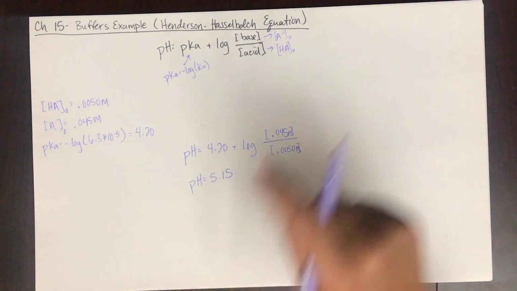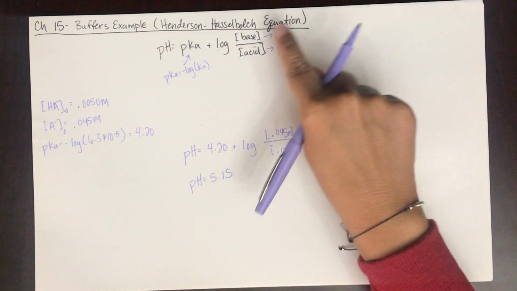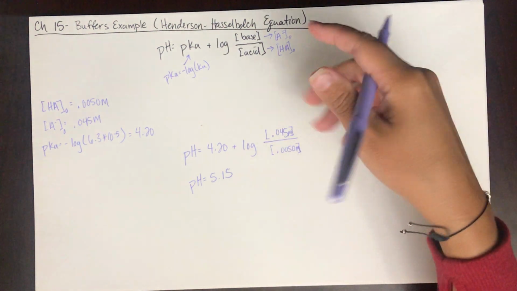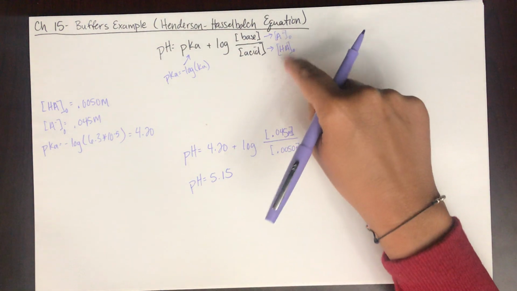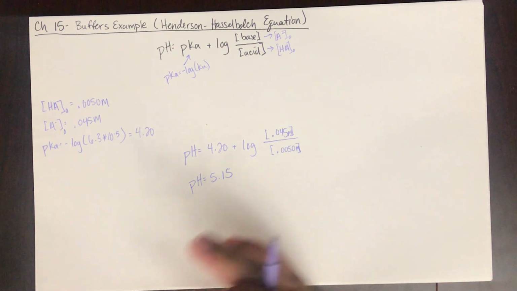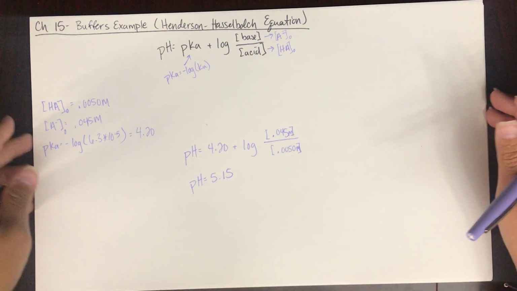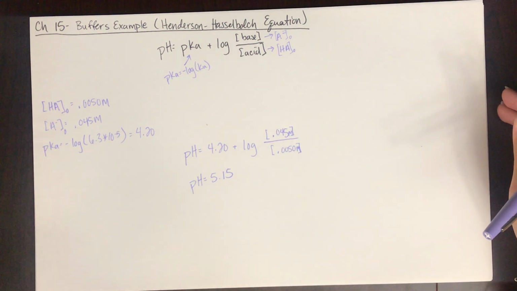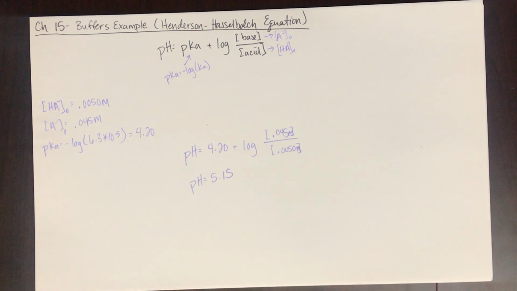Remember, buffers have a weak acid and its conjugate base. You would still need to do the dilution calculation that we did in the previous example, but once you know the concentrations and you've solved for the pKa, it's just a much less complicated way of solving the same problem. So here is the same buffer example as the previous video, but just using the Henderson-Hasselbalch equation.